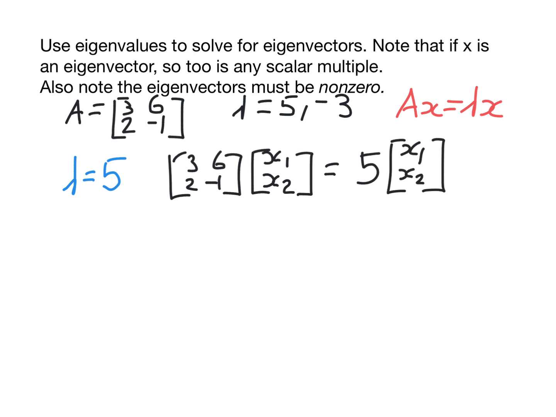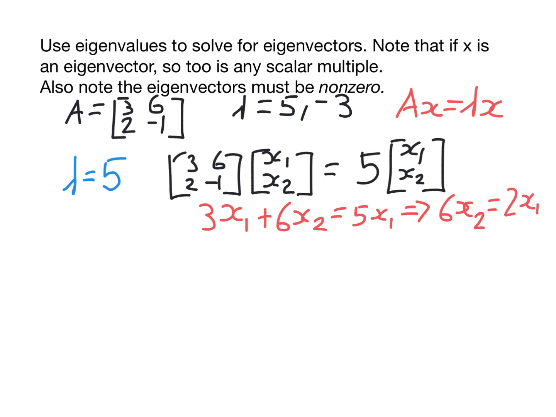All right, let's go ahead and do this. So if I go across by down, what I get is that 3 lots of x1 plus 6 lots of x2 is equal to 5 lots of x1. So what I'm going to do now is subtract 3 x1 from both sides. I get 6 lots of x2 equals 2 lots of x1, or equivalently 3 times x2 is equal to x1.